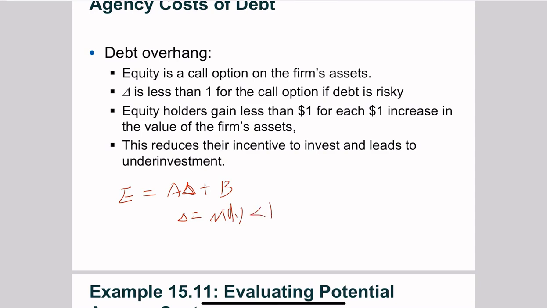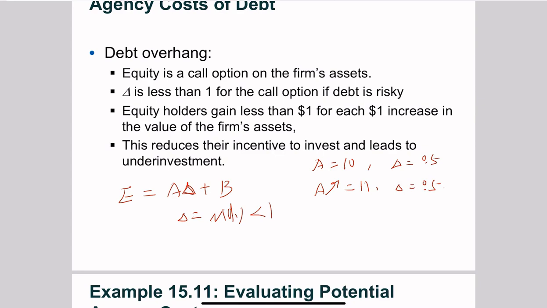So the implication of this is something like this. Let's say the asset equals 10, and now the asset increases to 11. Let's assume delta is 0.5.